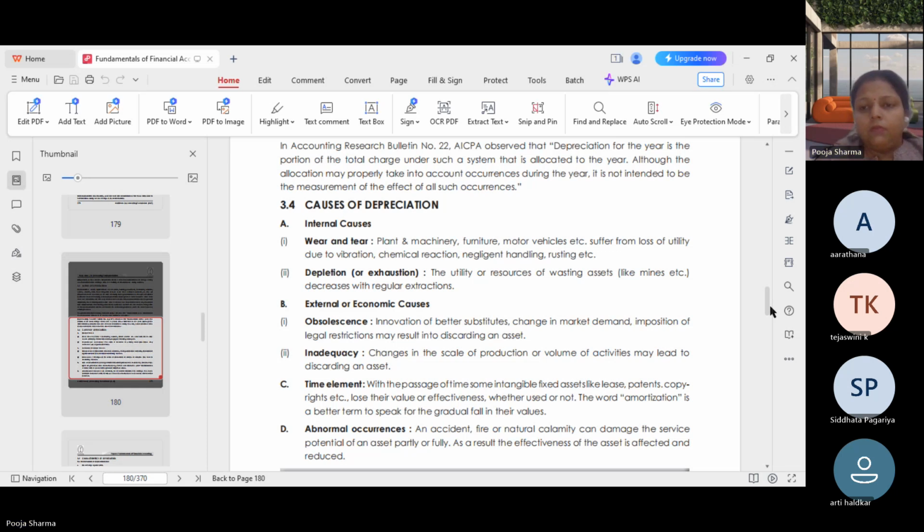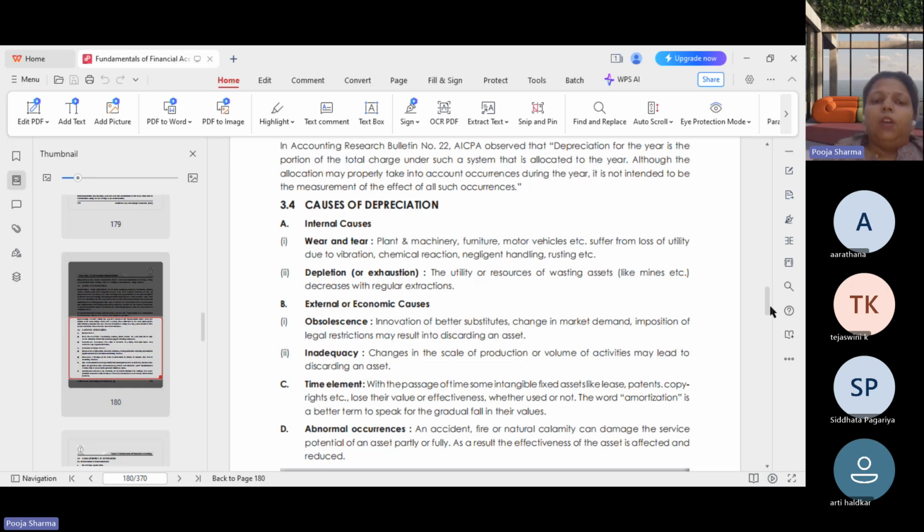There may be reasons, but they are abnormal. We don't have control over these. They are natural, because of fire or many other reasons.